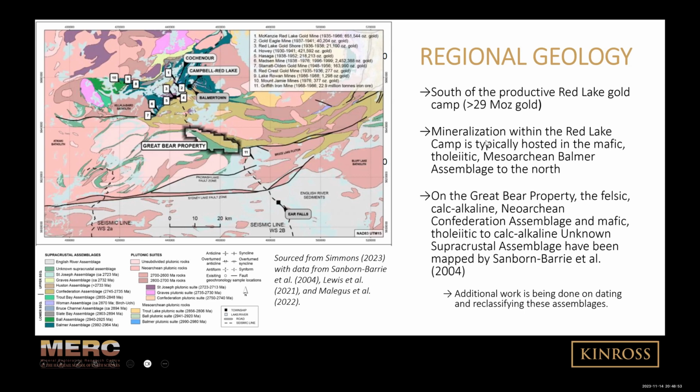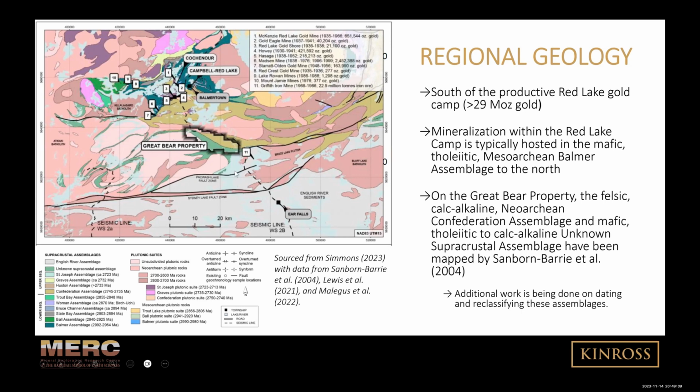Mineralization within the Red Lake Mine Camp is typically associated with these mafic foliated Meso-Archean Balmer assemblage rocks, to a lesser degree with the Balmer and Slate Bay assemblages, but typically within the Meso-Archean.